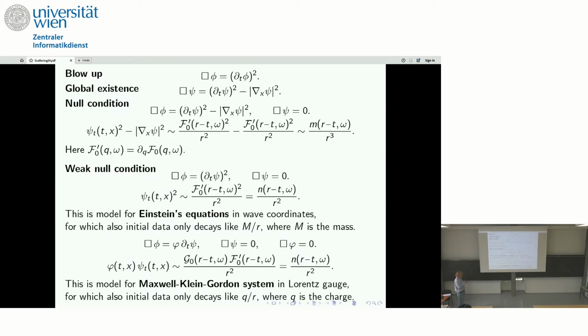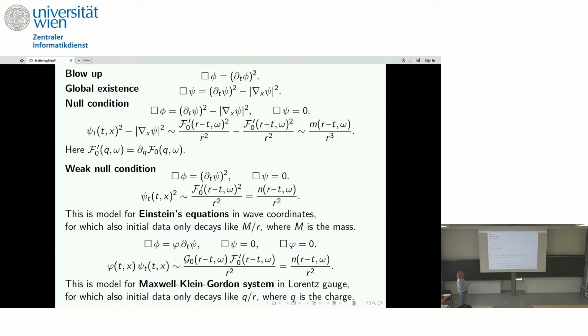Now, this may not be so interesting because this blows up, but there's something called a weak null condition that we discovered holds for Einstein's equation in a null frame, and that's this system. If box phi is 0 and you plug it into the right-hand side, of course you're going to get global existence.